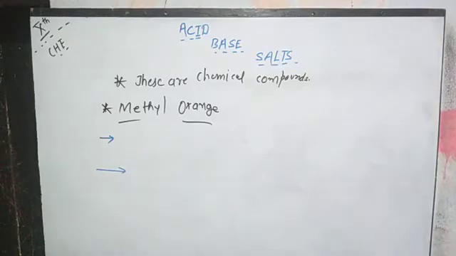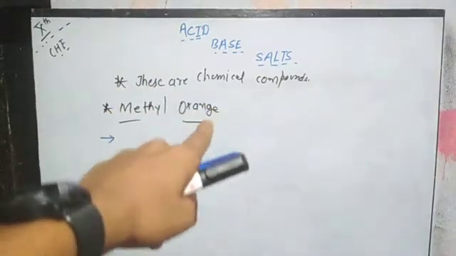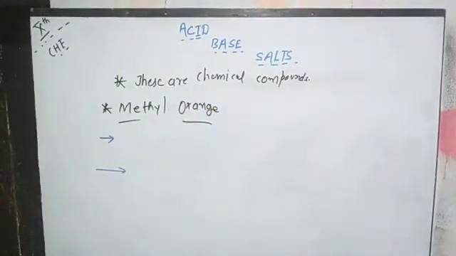By its name only we can guess methyl orange. So its color is orange only, and as I told you regarding litmus, its color is orange or we can say purple, no problem. Now let's discuss how an acidic solution behaves when we put it on methyl orange.